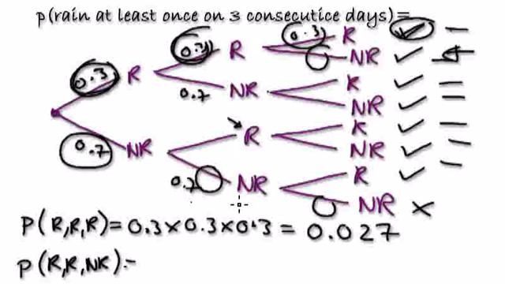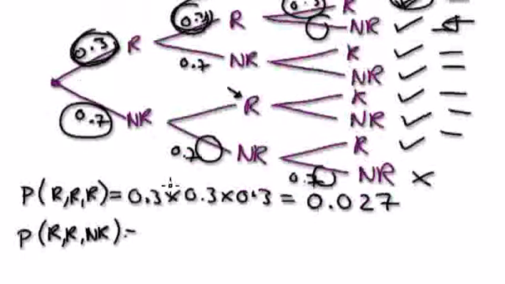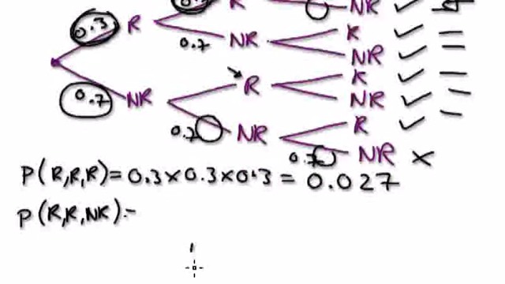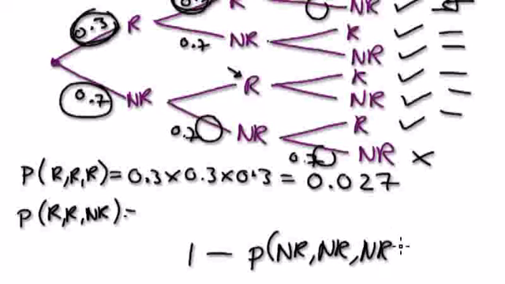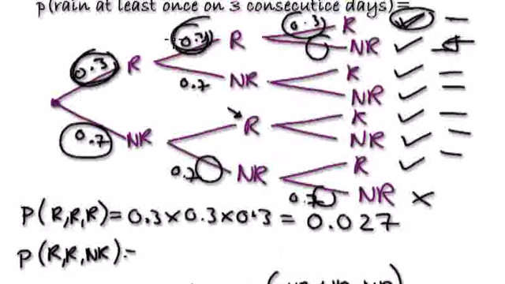So this would be 0.7, 0.7. So rather than working out all these branches and adding them all up, I'm just going to get 1 take away the probability of not rain, not rain, and not rain. It's a lot quicker than adding up all these branches together.